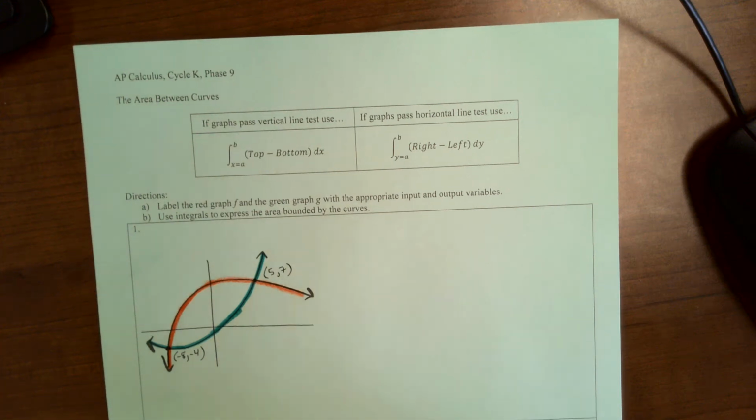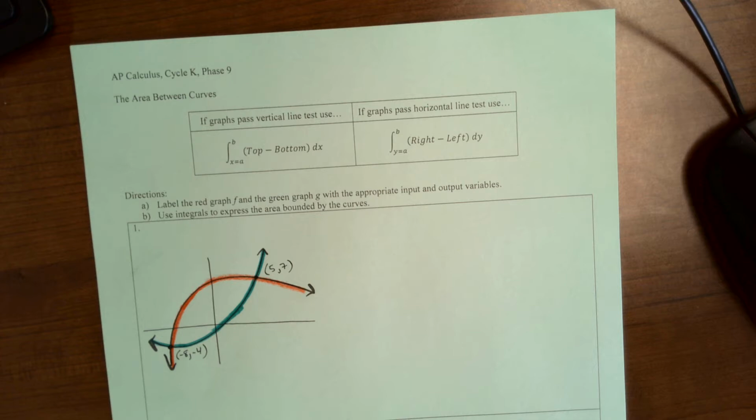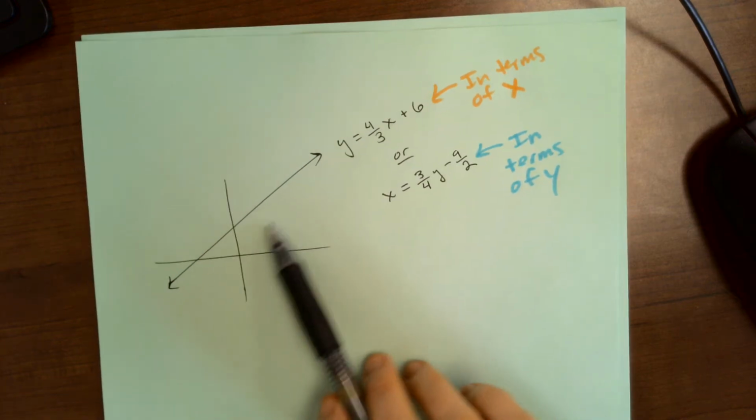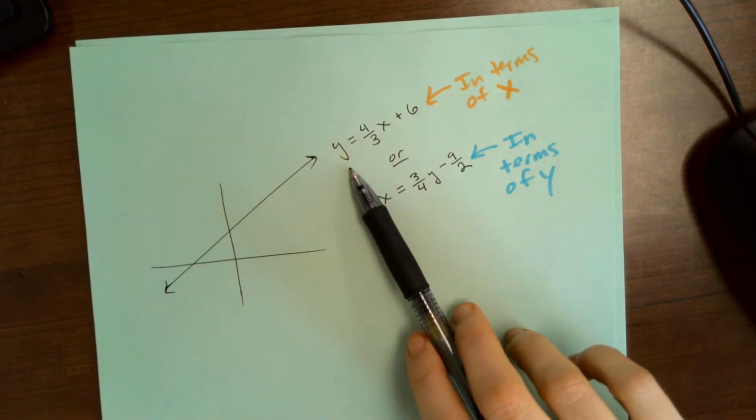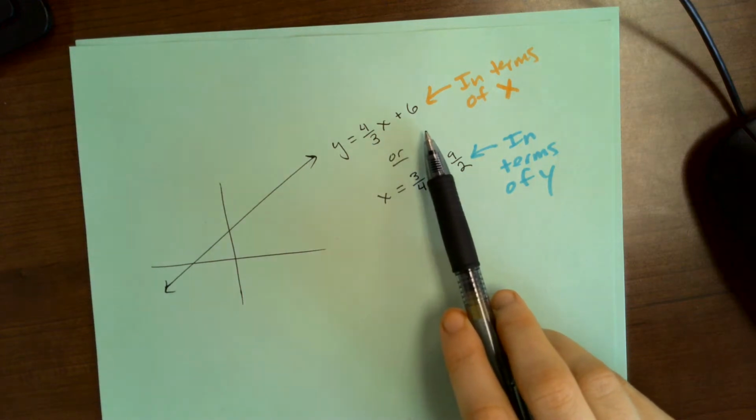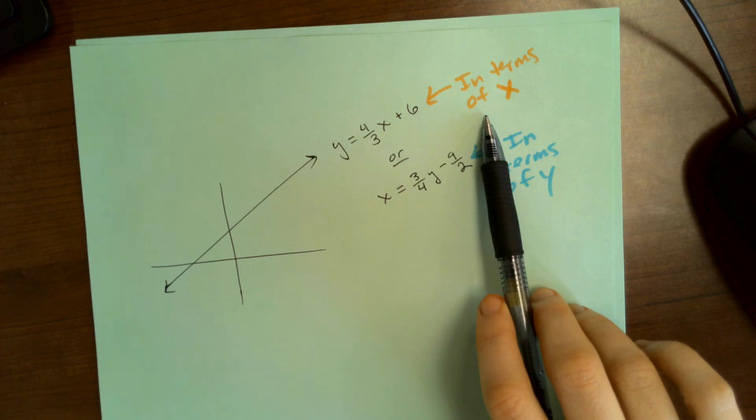Okay, so guys, let me talk real quick about in terms of x versus in terms of y. So here I drew a line, okay? And let's say the equation of this line is y equals 4/3 x plus 6. That is the equation of the line in terms of x.